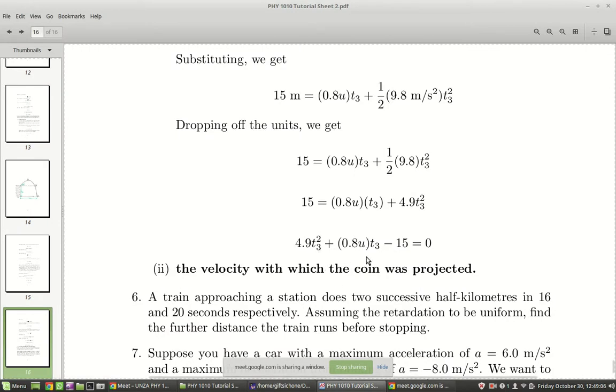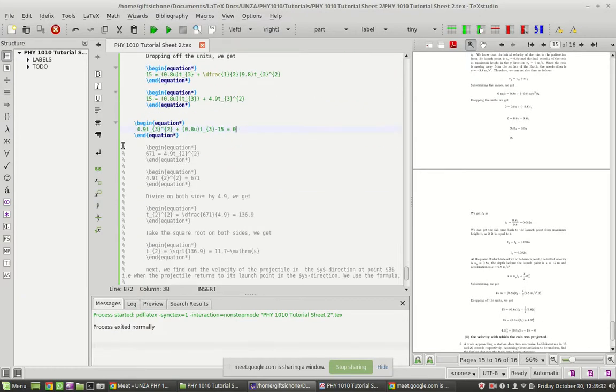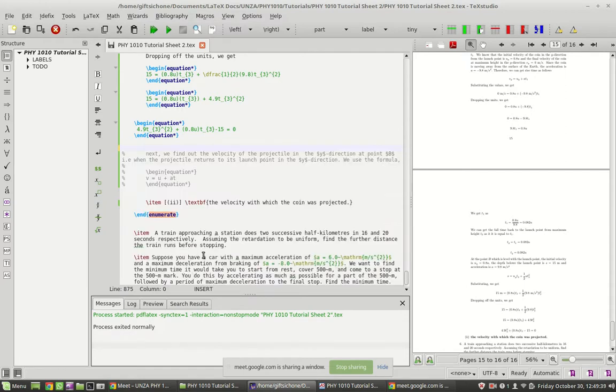Now, if only we knew what u was, things would have been a bit straightforward. But this is a quadratic in terms of T3, and we do not know u. I think we can try to work it out in terms of u. If you work out the quadratic, it will still be in terms of u.